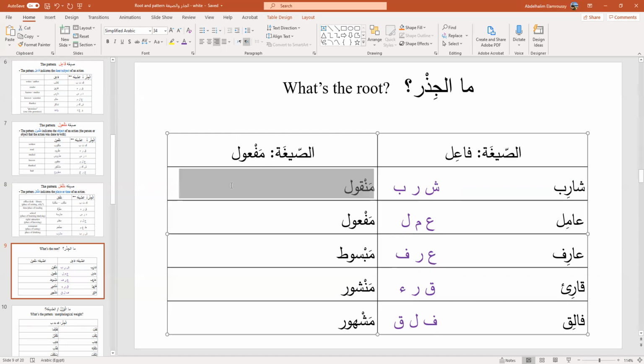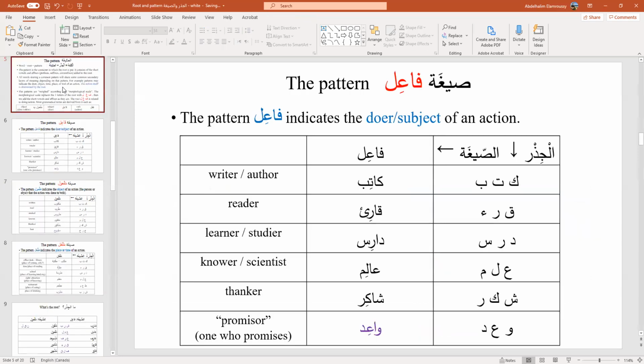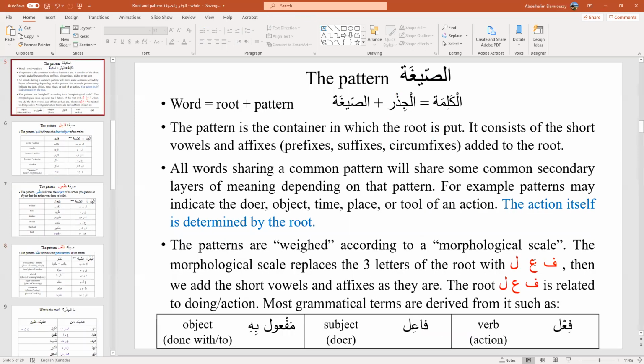So this will be, let's see, nun, qaf, lam, that's it. منقول is following the pattern مفعول, and it's actually the same word, so it's the same root. If you recall, all of the grammatical patterns have this root here, the root fa ayin lam.